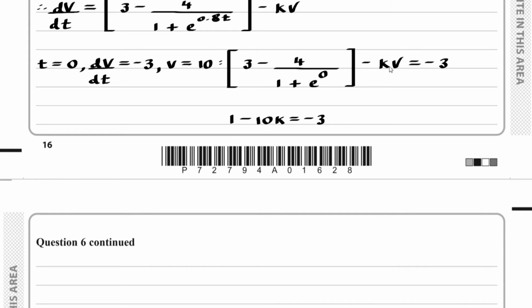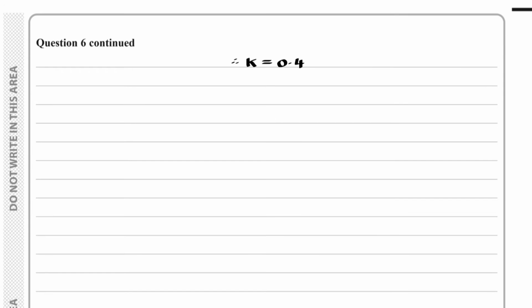And then knowing that V is 10, we subtract 10 lots of k, and this is equal to negative 3, which means k is equal to 0.4. And knowing that k is 0.4, we can therefore conclude our differential equation: dV over dt is 3 subtract 4 over 1 plus e to the 0.8t subtract 0.4V.